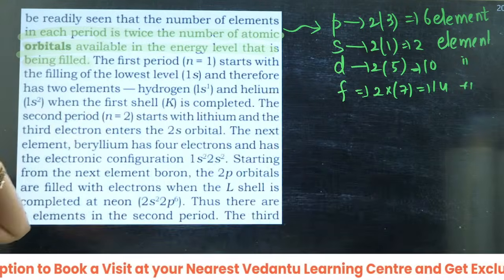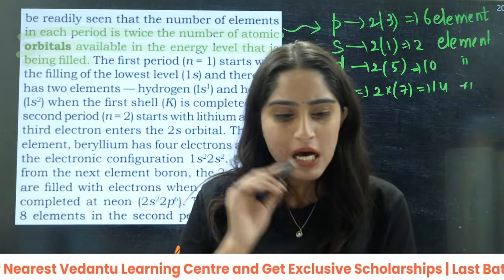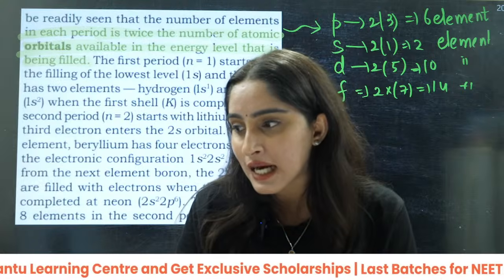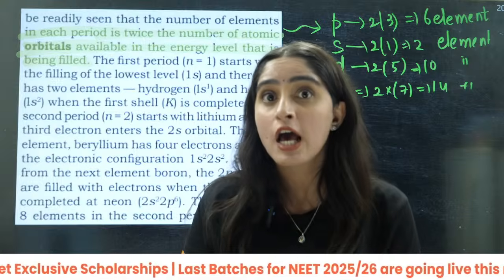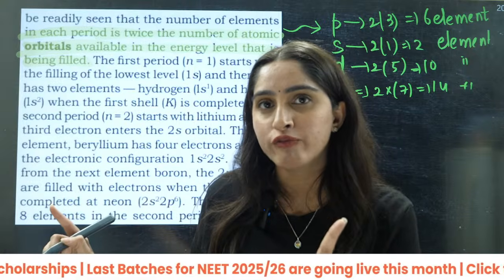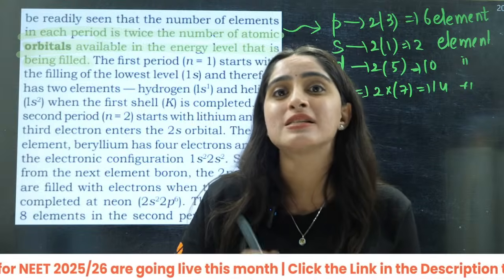Now, everybody, be active in the chats also. Are you also writing it down in your NCERTs? Why so much hard work we are doing for you here? Because we want you to go through each and every line of NCERT here.